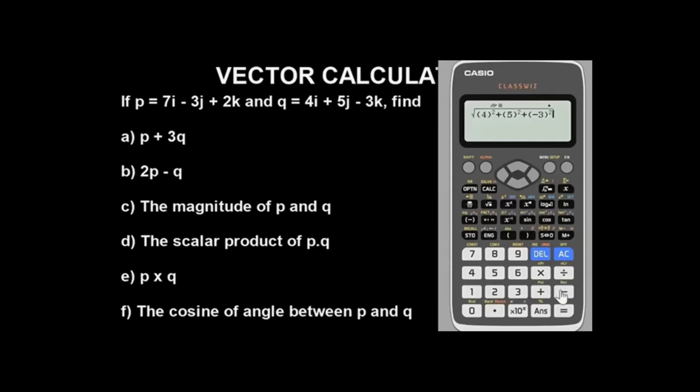Press equal to now to get the result. Change to decimal, press this. So guys, this is the value we got when we used the first pattern. Exactly. So these are the tricks or hacks I use personally to solve problems involving vectors with the Casio calculator. You can take advantage of them.